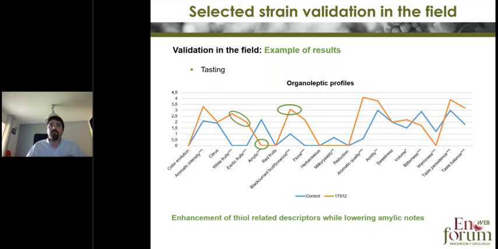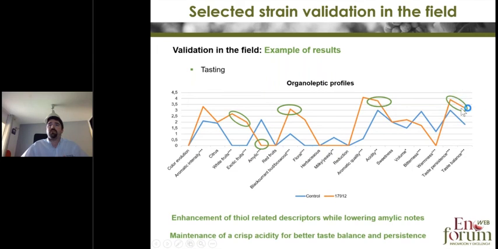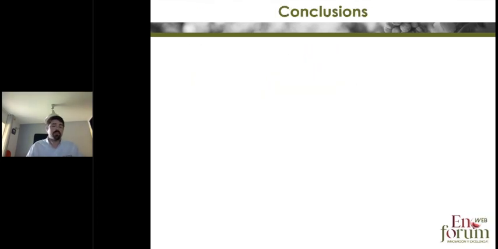And in the mouth, we had a nice acidity maintenance, and that also brings a taste persistence and a better balance. So at the end, we confirmed by field trials that this yeast was particularly interesting, especially for thiolic varieties and especially for Sauvignon Blanc.